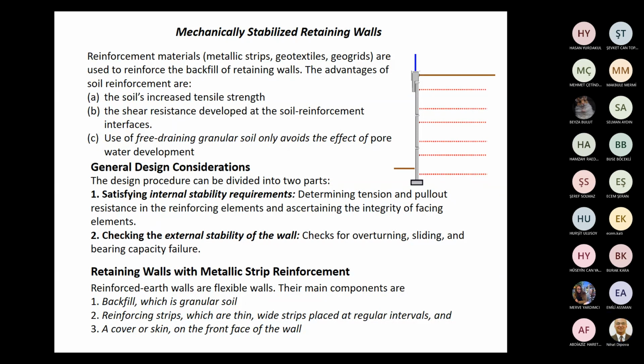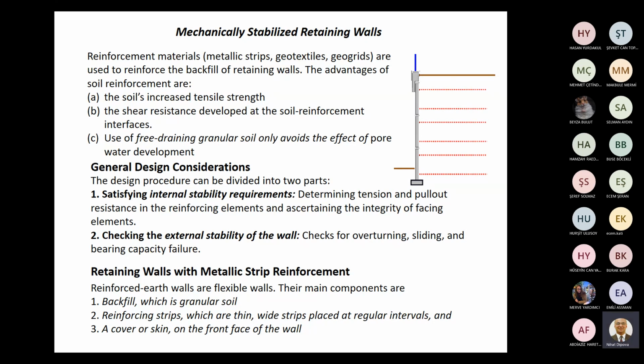Anyway, mechanically stabilized retaining walls are very popular in our country, in Turkey. For example, in Burdur Highway, when we go to our main campus, retaining walls of these highway bridges are made of mechanically stabilized retaining wall.